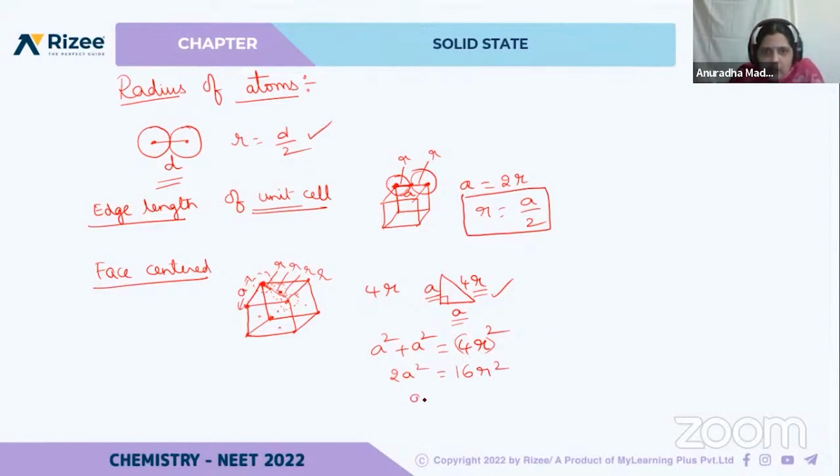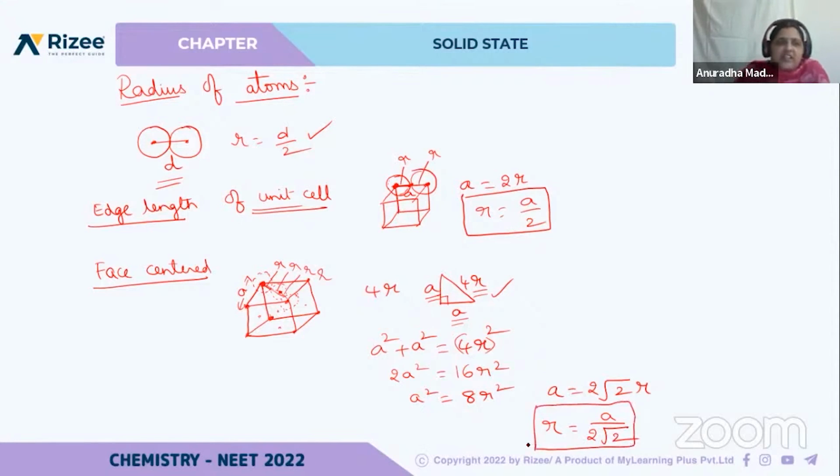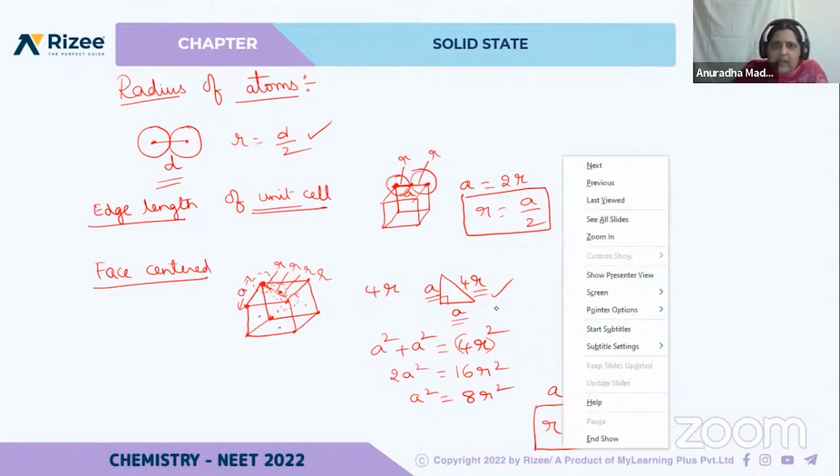So A square is equal to 8R square. If we take the root, 4 into 2, so 2 root 2 R. Or else simply, R equals A by 2 root 2. The radius of a face-centered unit cell is A by 2 root 2. The radius of a simple cubic unit cell is A by 2.